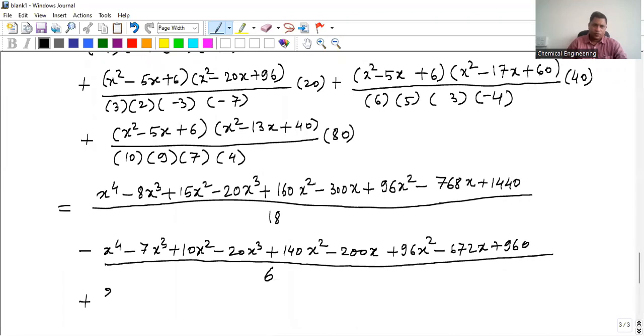So we got here x raised to 4, then minus 5x cubed, plus 6x squared, minus 20x cubed, minus minus plus 100x squared, minus 120x, plus 96x squared.